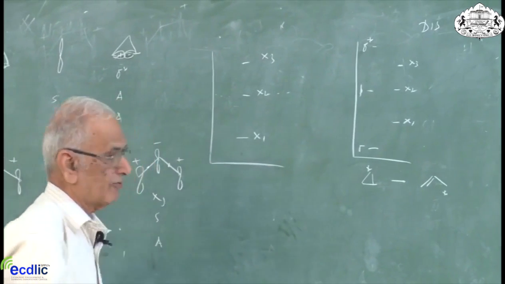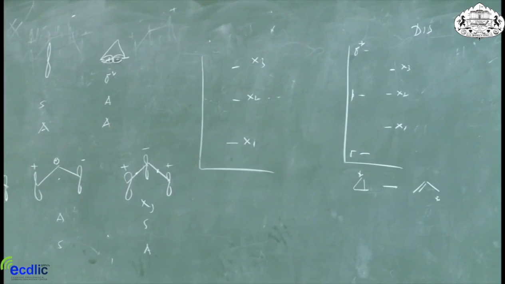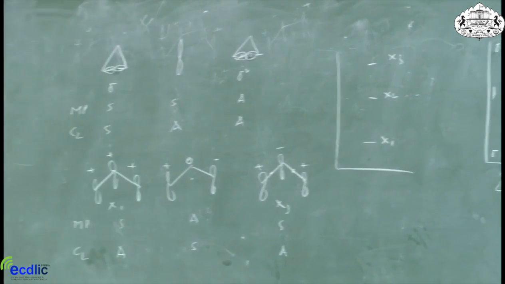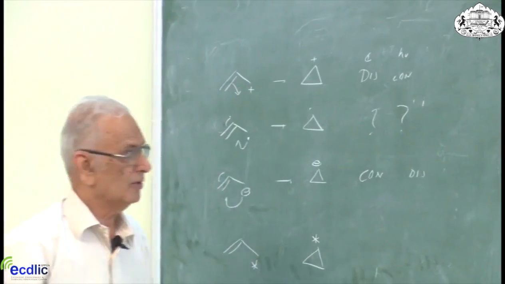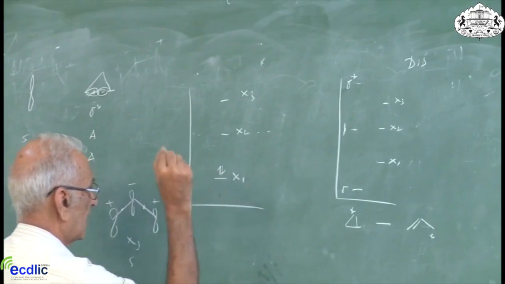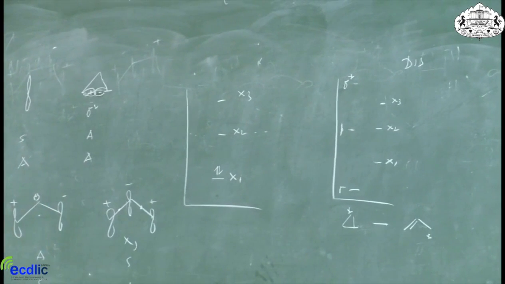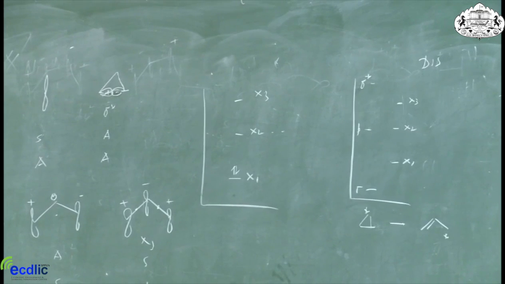What will be the electron picture for this? How many electrons are there? 2 electrons here, no electron here. So, 2 electrons means allyl cation will have X1 with 2 electrons.